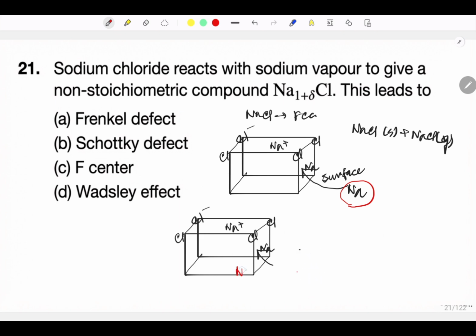Suppose this is the surface sodium. The chlorine inside the cell will diffuse to the surface, and this sodium will convert to Na plus and an electron. The chlorine, when diffused to the surface, will generate a vacancy in the crystal, and that vacancy will be occupied by this electron. So the interstitial positions are occupied by electrons, and this leads to the F center.